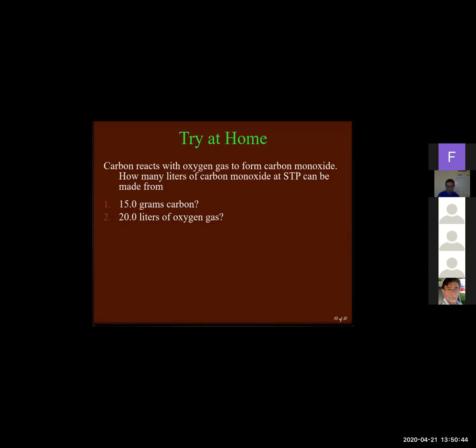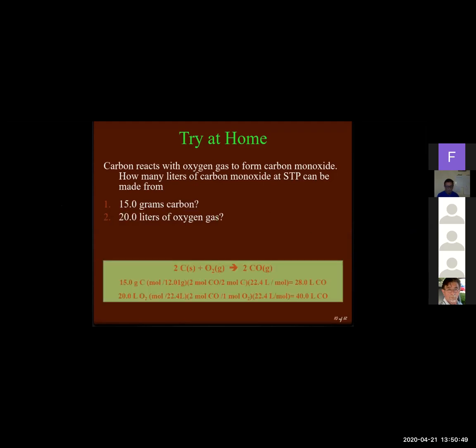You should end up with 28.0 liters of carbon monoxide for the first question and 40 liters for the second. 28 for the first, 40 for the second.